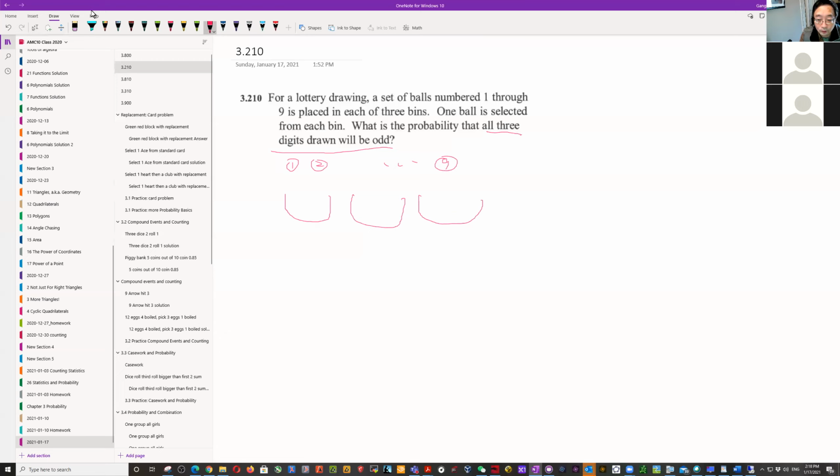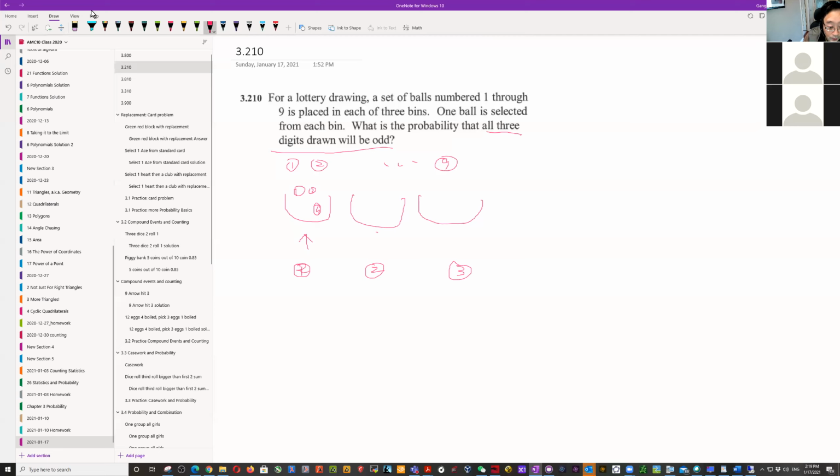So each bin has a set of balls numbered 1 through 9. So basically each bin will have 1, 2, 3, all the way to 9. So basically this is a pick with repetition. For all 3 digits to be odd, you draw a first draw, a second draw, and a third draw.